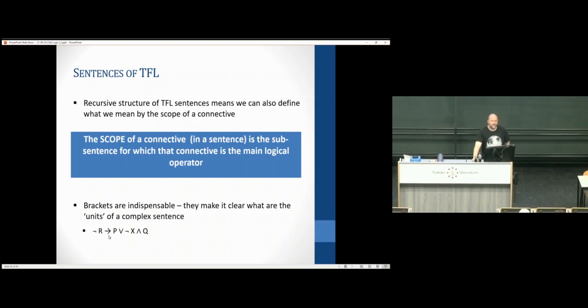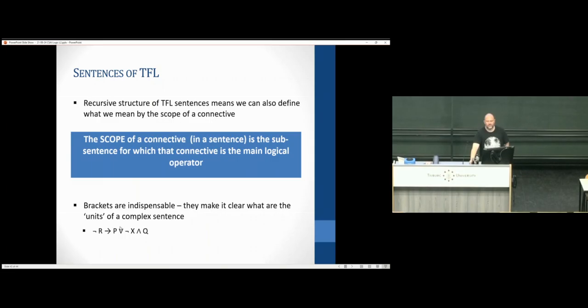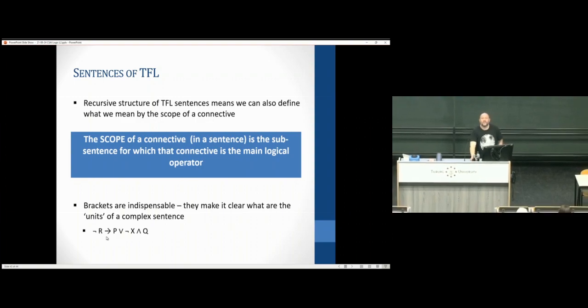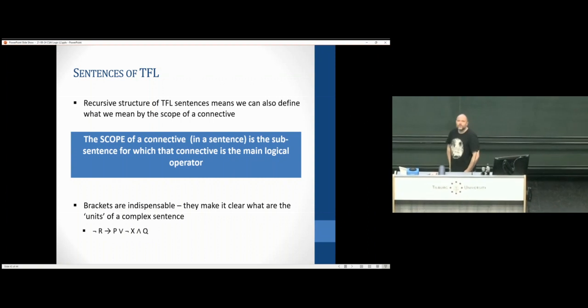Our conditional, well, cool. Is the thing on the left, the antecedent, just R? Is it not R? Is the consequent P? Or is it this disjunction? We don't know what the parts are. This is why we have to have brackets to tell us what the parts are, what the chunks are.